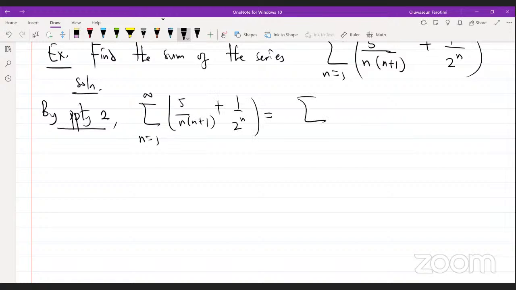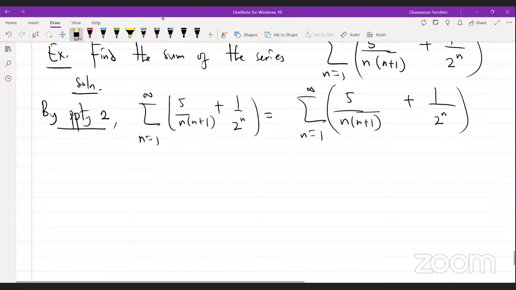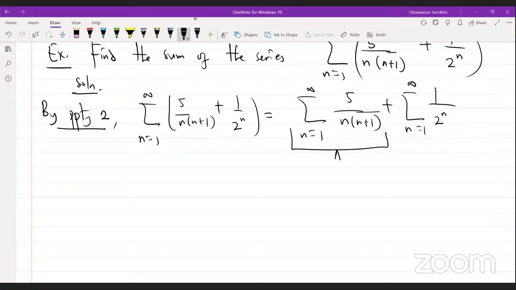I can write it as the sum from 1 to infinity of 5 over n(n+1), plus the sum of 1 over 2 to the n. So you put a plus here. Yes, now this is correct. So that means that I can find this guy, let me call it A, and find this guy, call it B, then sum them up together.